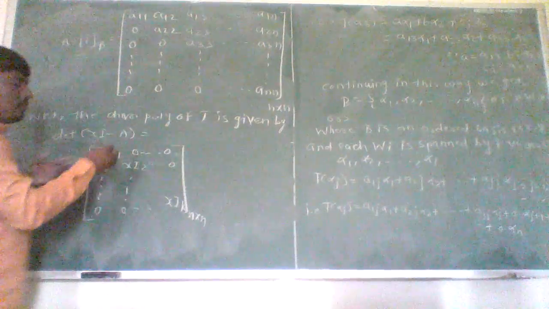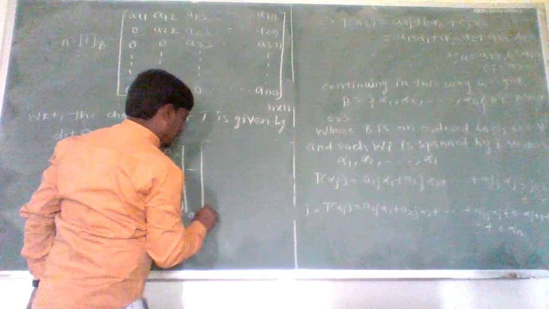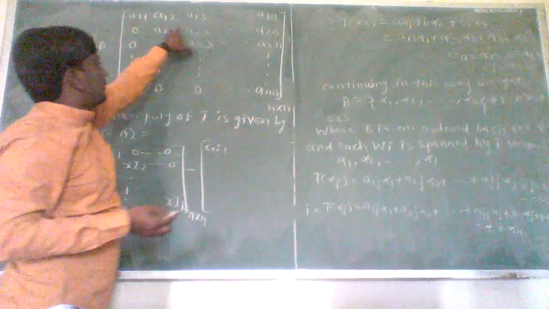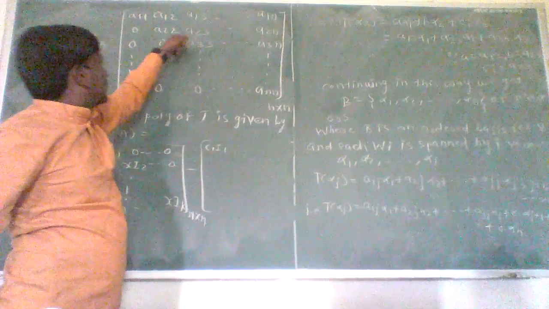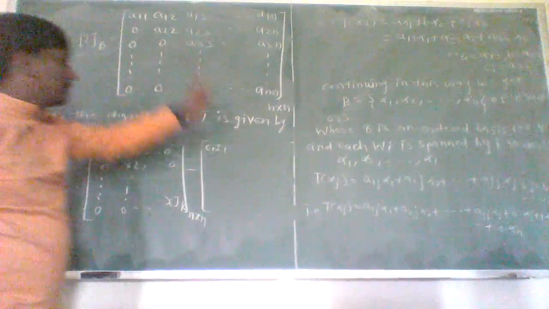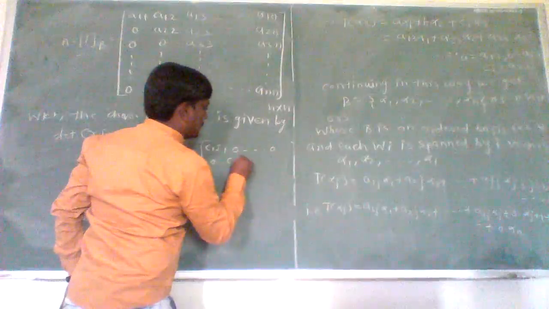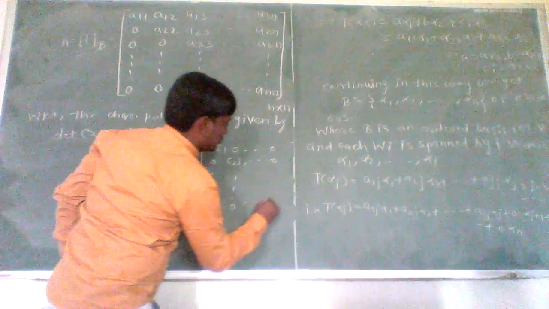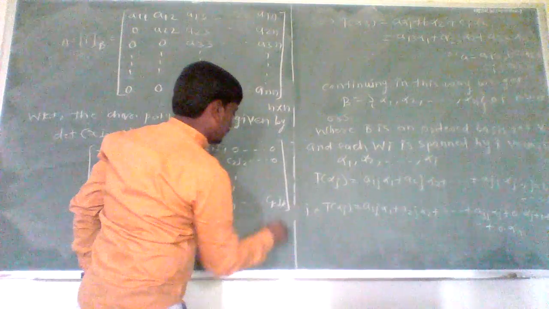Therefore, A is nothing but c1 into I1, here we don't know whether the diagonal elements of this matrix are distinct or not, so each eigenvalue can be repeated a certain number of times. Therefore it is c1 I1, 0, and so on, 0, c2 I2, and so on, 0, 0, ck Ik. Okay, which is also an n cross n matrix.